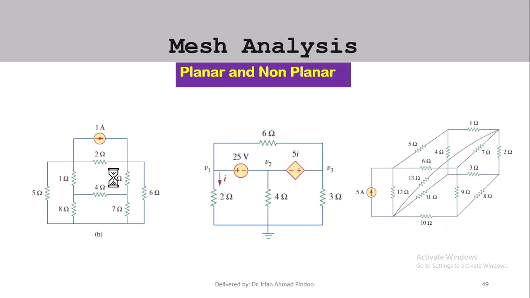If you see this particular diagram, diagram A shown here, all the resistors are shown without any two resistors crossing each other, so it is obviously a planar circuit. Similarly B also, all the resistors are very distinct, nobody is crossing each other, it is planar. What about the third one? The third one is an example of a non-planar circuit.